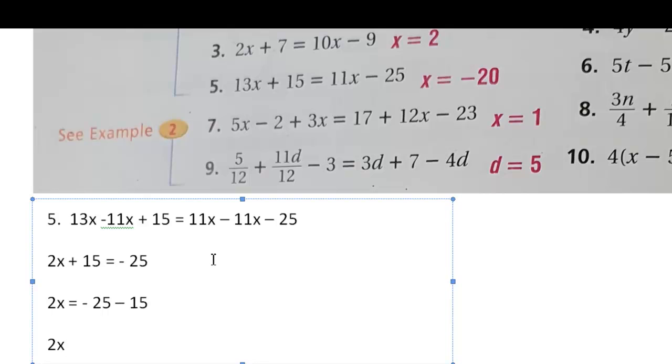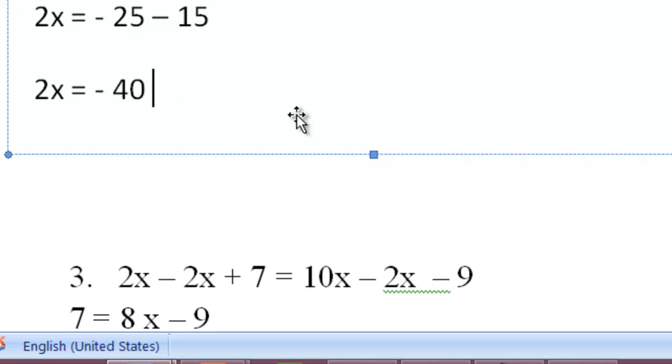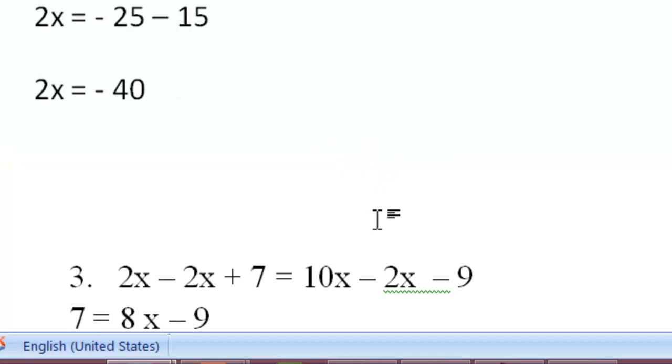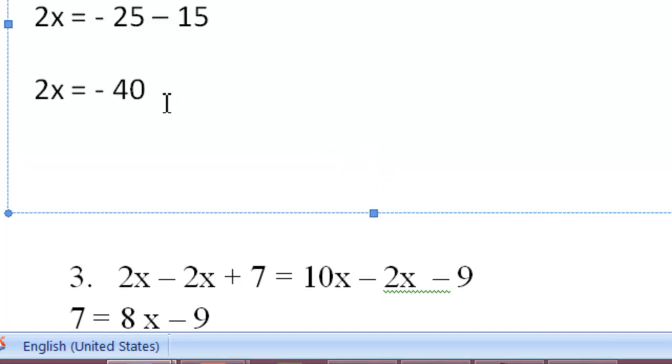So 2x equals negative 25 and negative 15. It means adding with the same sign, the sign here is negative, 40. Divide both sides by 2. I have here x equals negative 40 divided by 2, which equals negative 20.